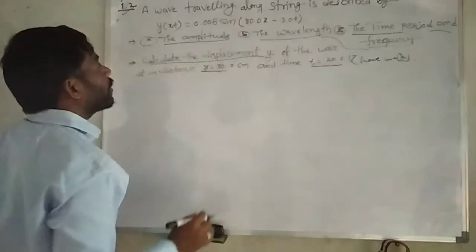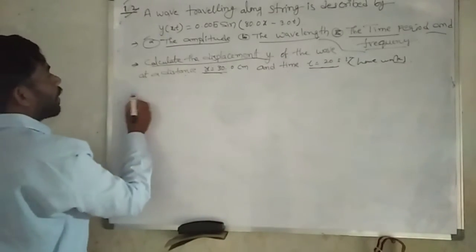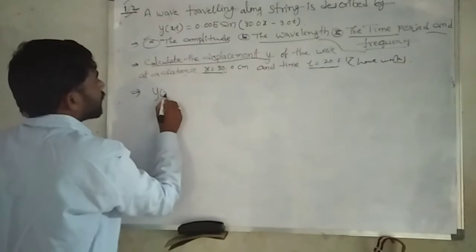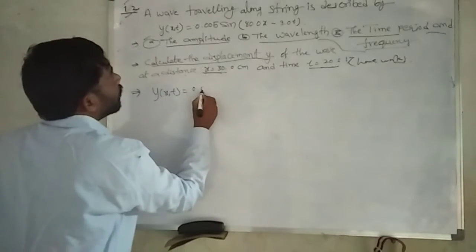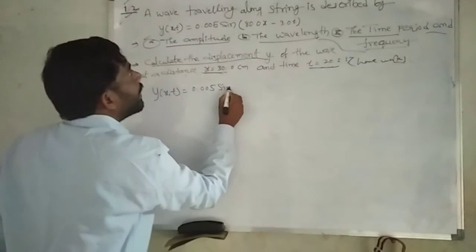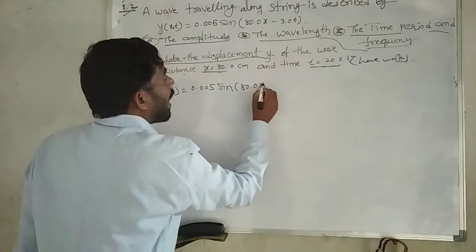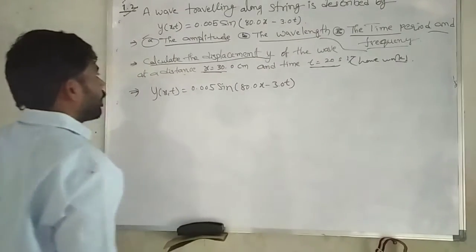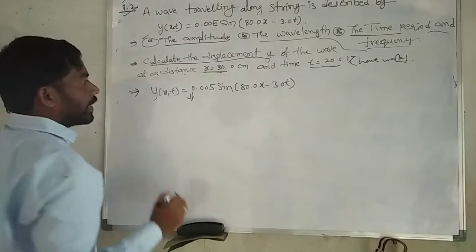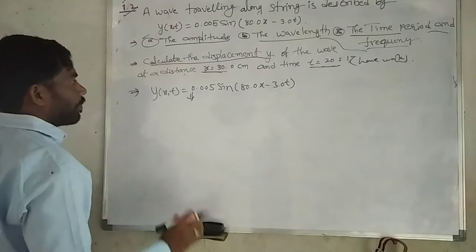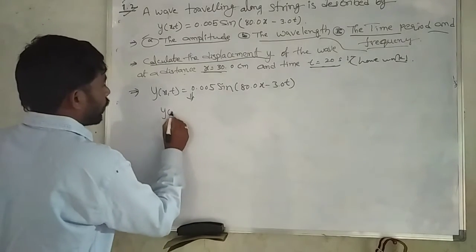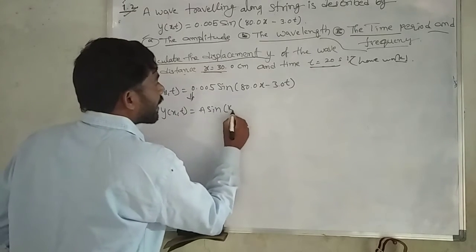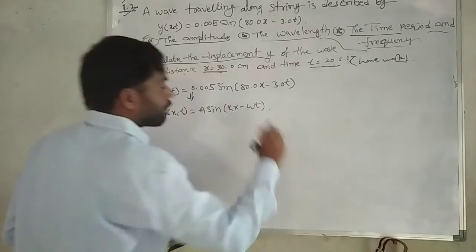Then I give the solution of the first one. The given wave function y(x, t) equal to 0.005 sin(80x minus 3.0t). These values are given in SI units. This equation we will compare with y(x, t) equal to a sin(kx minus omega t).